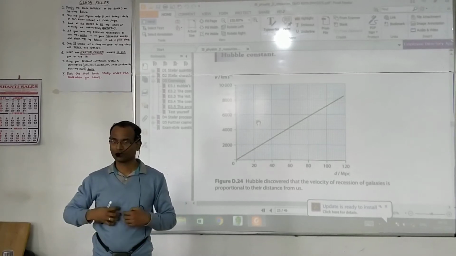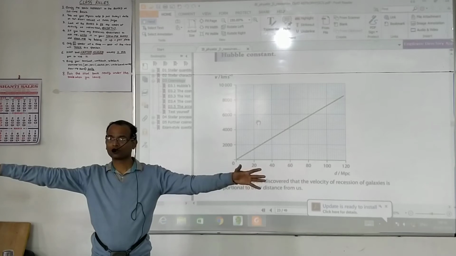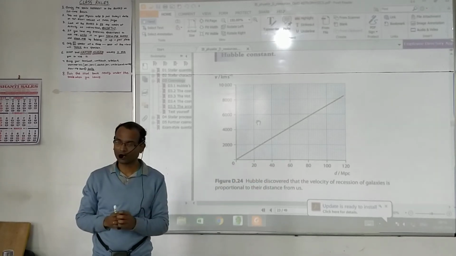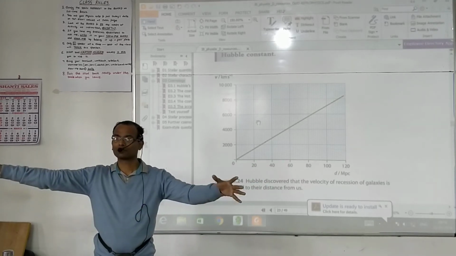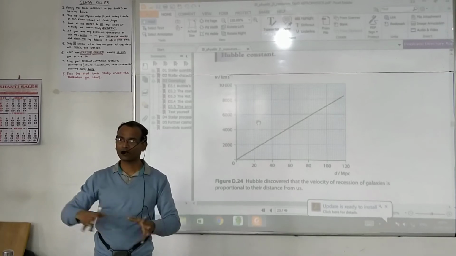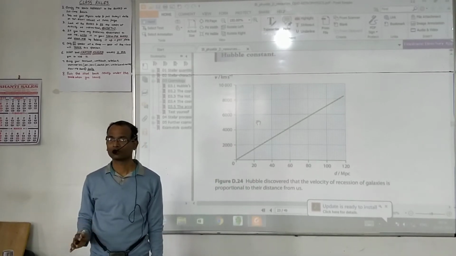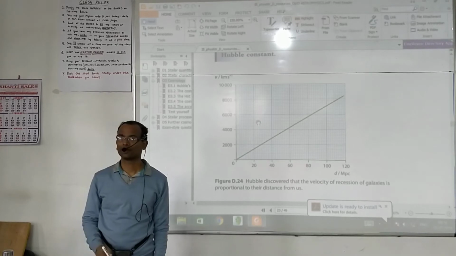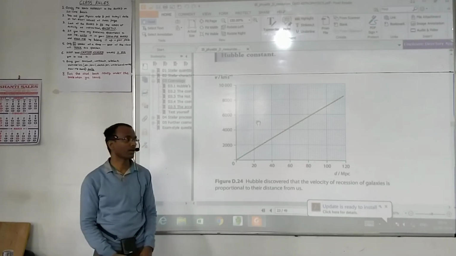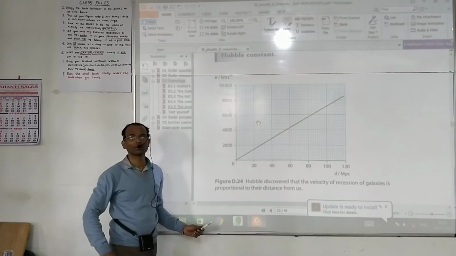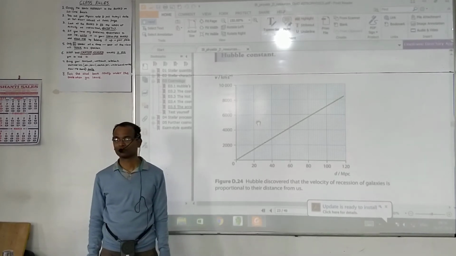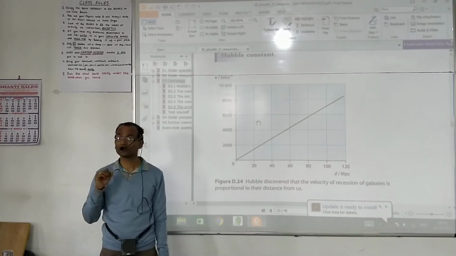Even inside your atoms, the electrons will stretch out of the atom. Everything will be split apart, and you will reach absolute zero Kelvin. That is cold death. Now already we are at 2.7 Kelvin. The average temperature of the universe is 2.7 Kelvin.